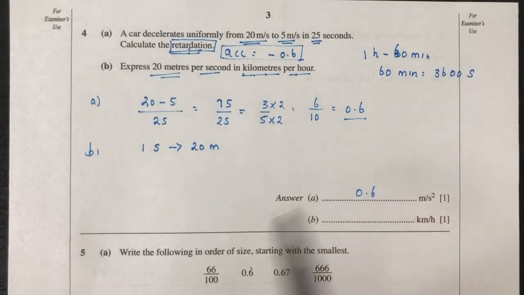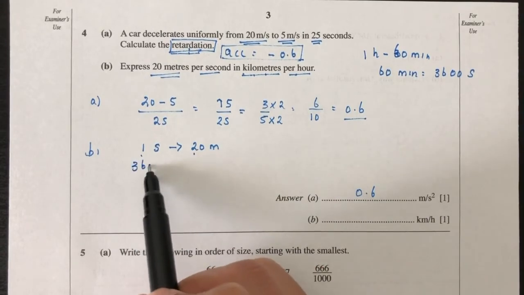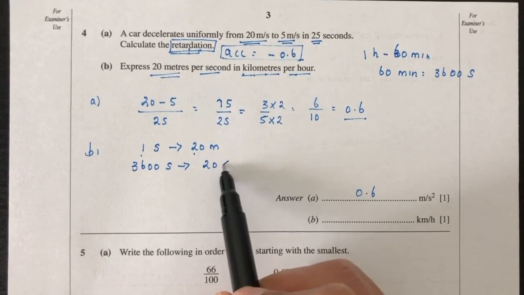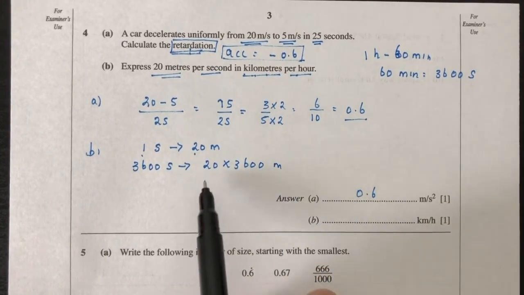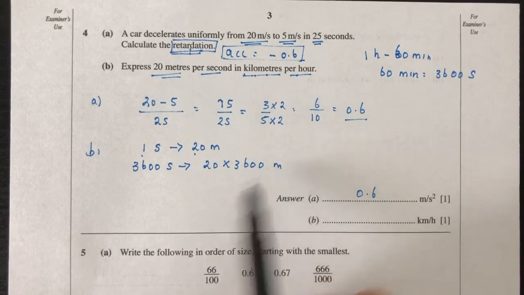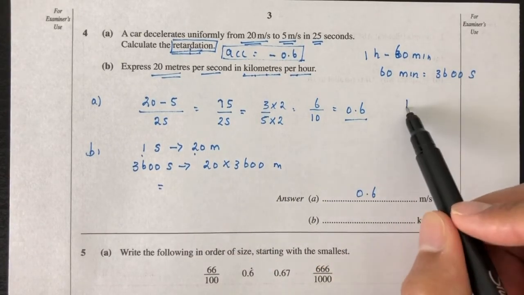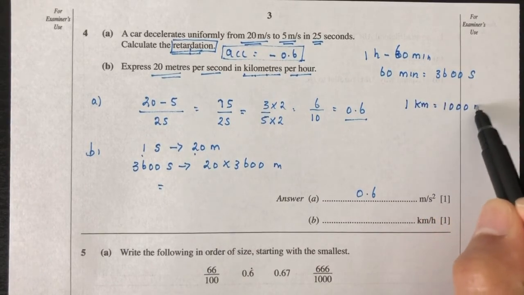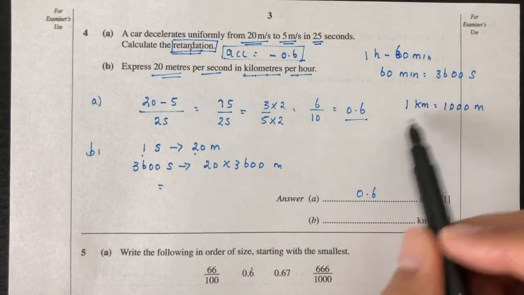3600 seconds. So in 1 second it travels 20 meters. So in this many seconds, you will travel 20 times this many meters. Now if you want to convert this to kilometers, we know that 1 kilometer is equal to 1000 meters, so if you want to change meters to kilometers, you have to divide by 1000.